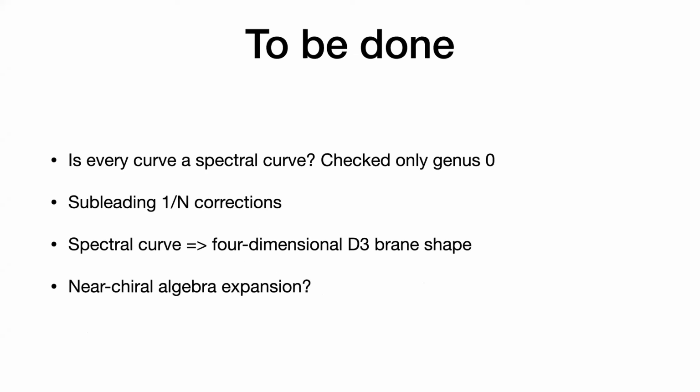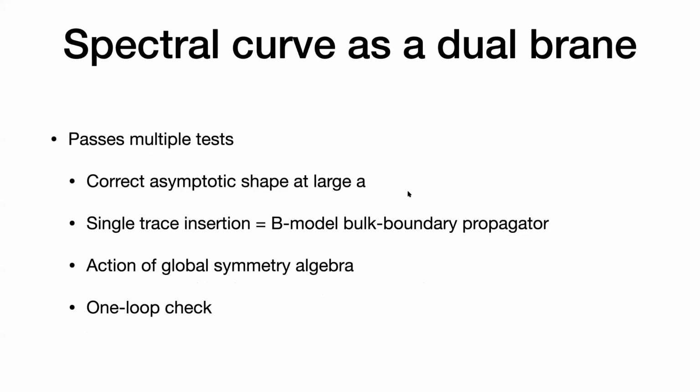And so what we could do here was to check that acting on both sides with these holomorphic vector fields would give matching effects. It would deform the shape of the spectral curve in the same way as the holomorphic vector field should.